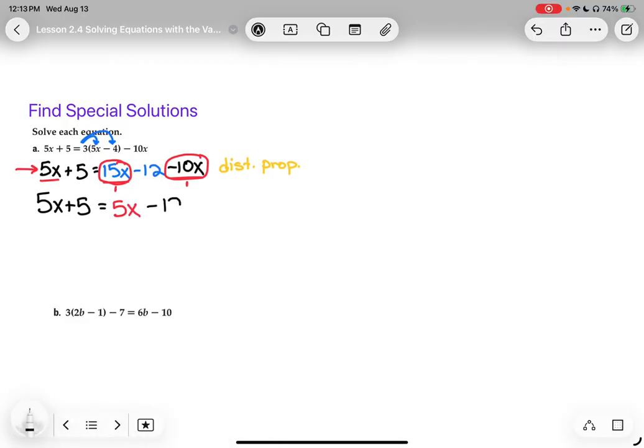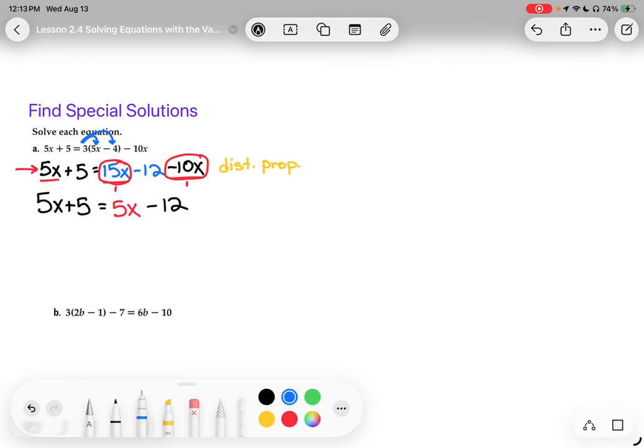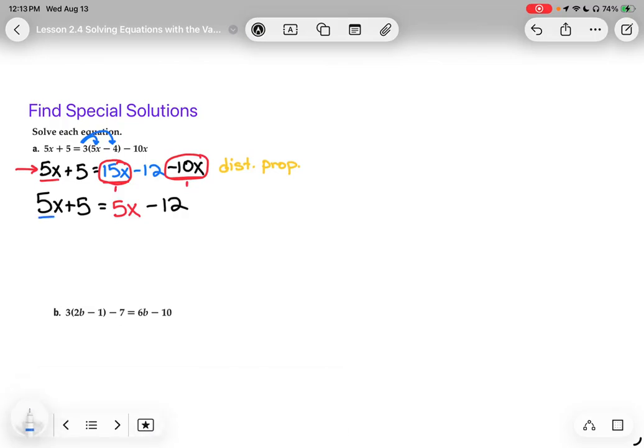Got that minus 12. Whenever we've got variables on both sides of the equation, our goal is to get the variables on the same side. So we need to either subtract 5x from the left side or subtract 5x from the right side. We've got 5x on both sides.